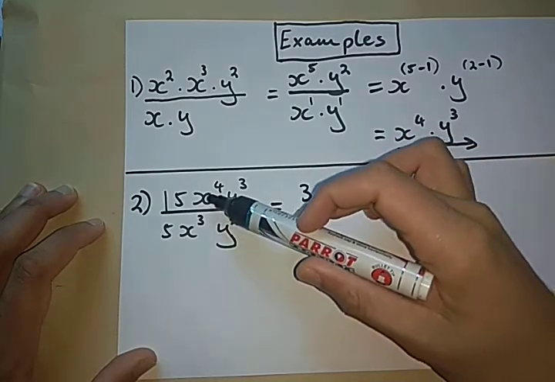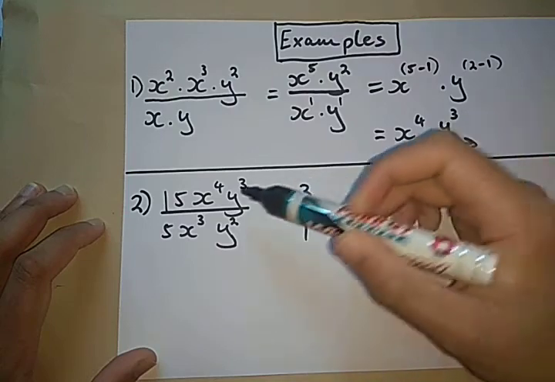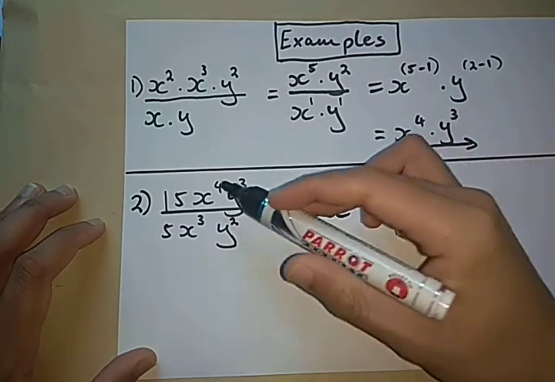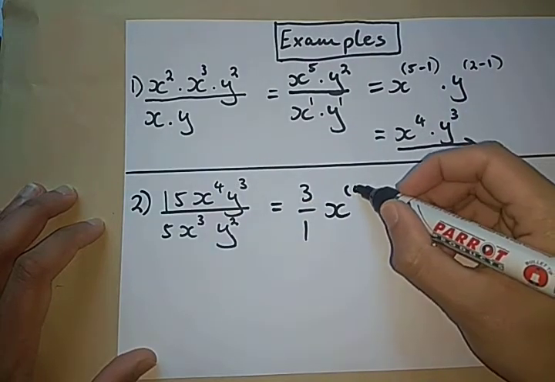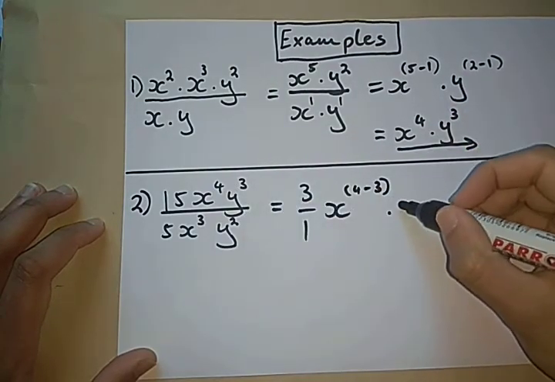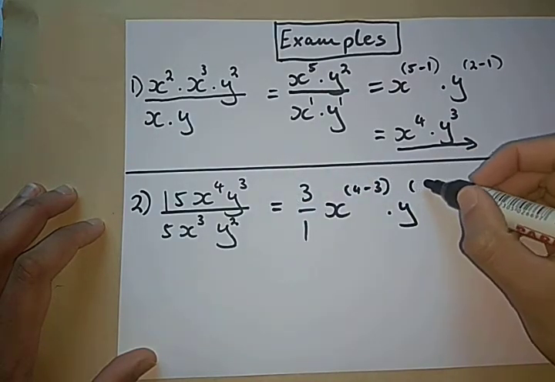Now I can go ahead and simplify the bases using the second law of exponents, which would leave me with x to the power of 4 minus 3 times y to the power of 3 minus 2.